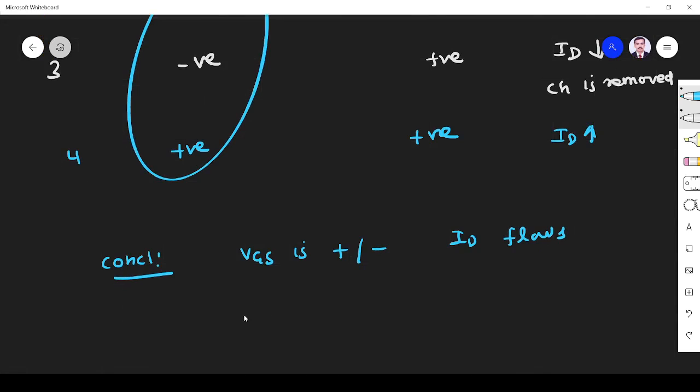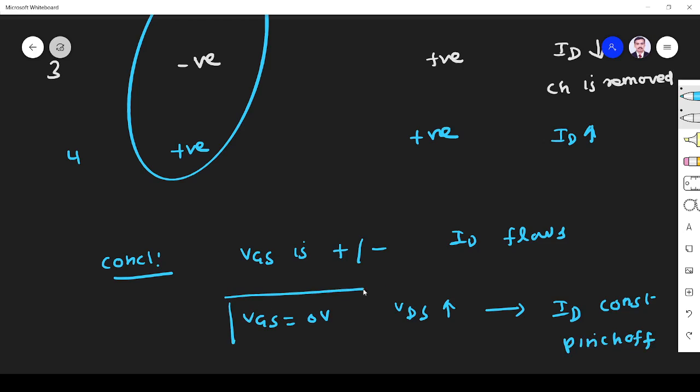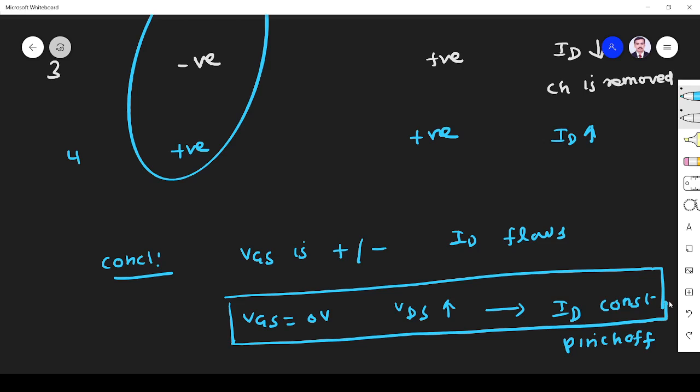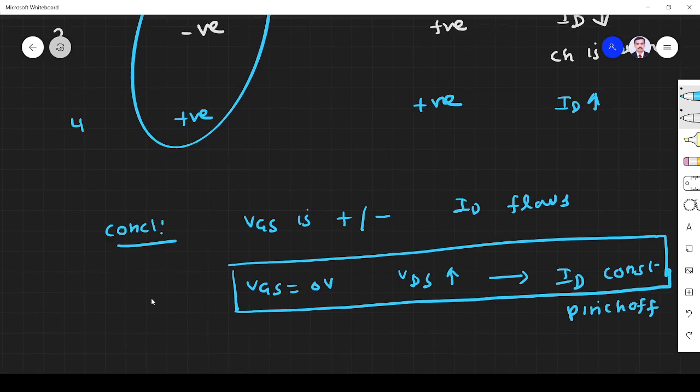When VGS is equal to 0 volt and VDS increases, at what point does ID become constant? That is called pinch off. So during the pinch off condition, VGS must be equal to 0. Clear?